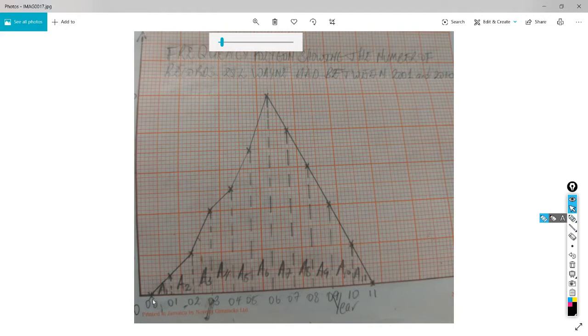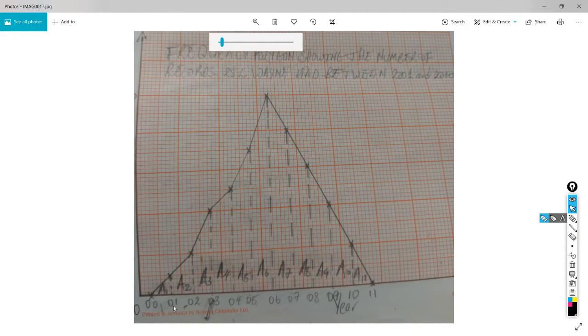As we can see here, you basically plot the points, and when you plot these points, you have to draw a line through them, starting from the midpoint of whichever year or variable or time period you're using on the x-axis.